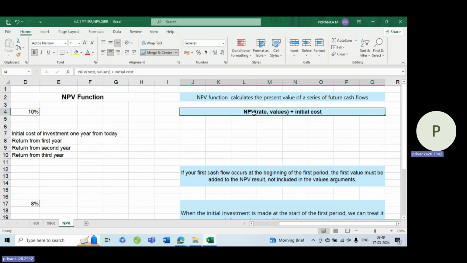If they are asking at the end of the period, or they are saying 1 year investment from today, something like that, only the NPV part is needed, not the added initial cost. You have to remember that.